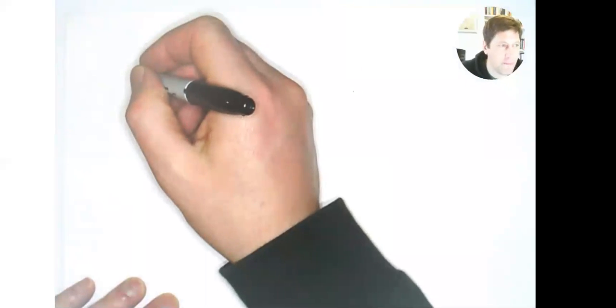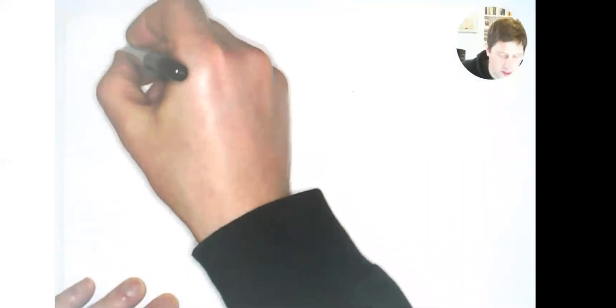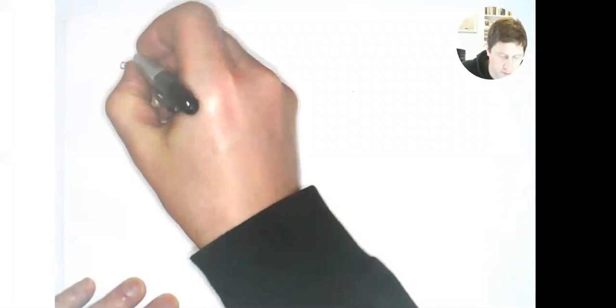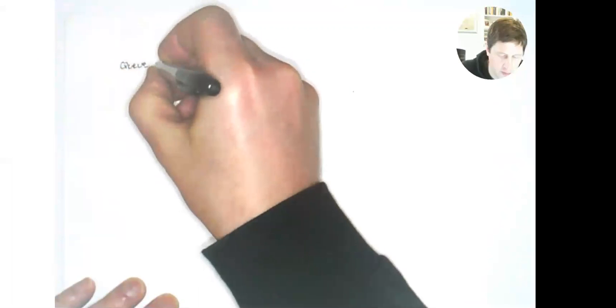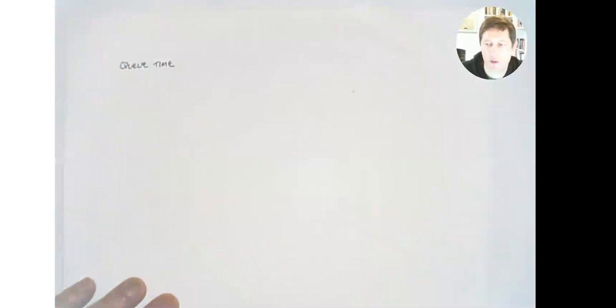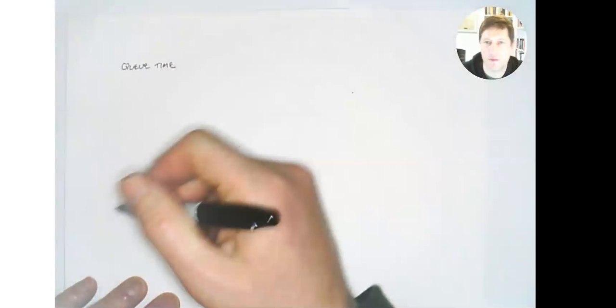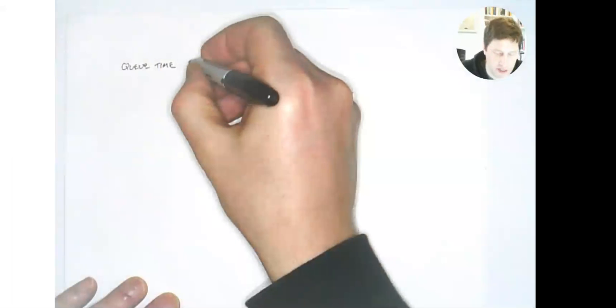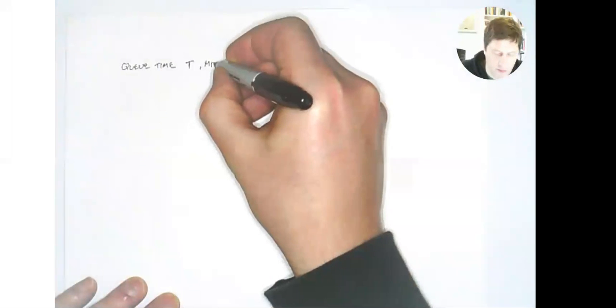So here we have a problem, which I'll just write out the basics of. We have people in a shop, and we're looking at how long it takes for people to queue to get served, queue time. We're going to call that T. It's a random variable, in minutes.